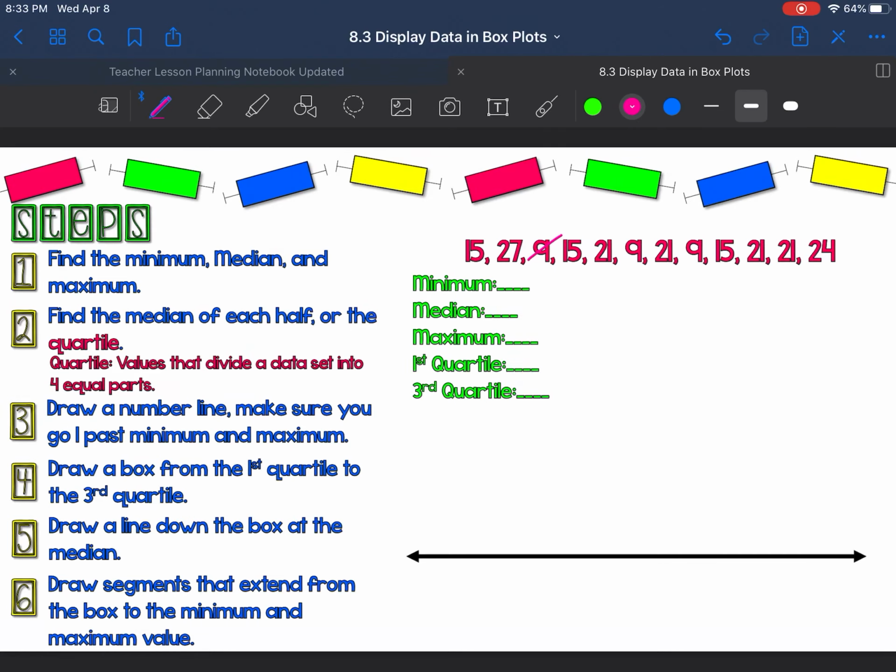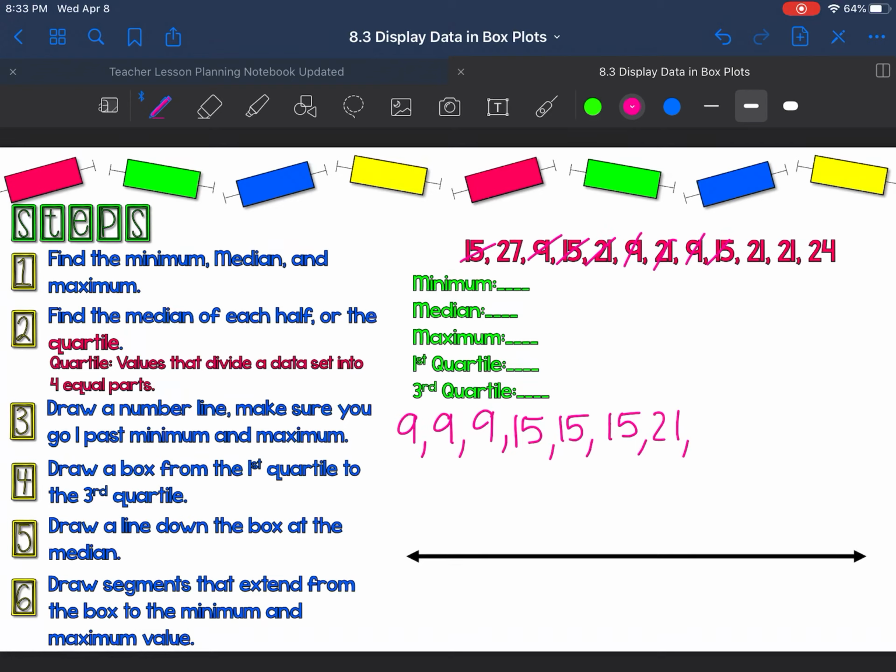First things first, let's start. My smallest number is a 9. So I'm going to start with 9. I have another 9, another 9. My next smallest number is 15, and then I have another 15, and then another 15.